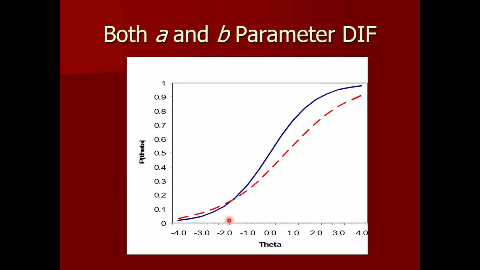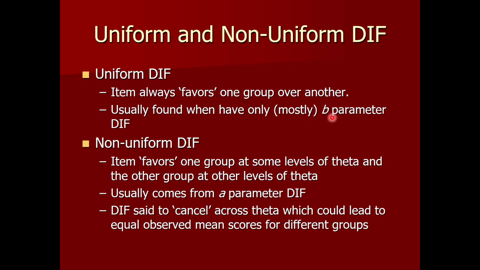And in this one, it's technically a non-uniform DIF, I suppose, but these are pretty similar. So you could have differences in A parameters and not have what we might call non-uniform DIF. It can be uniform, but generally speaking, if you hear uniform DIF, you should probably think B parameter. And if you hear non-uniform DIF, you almost always have some kind of A parameter difference. At least when we're talking about dichotomous items, there has to be an A parameter difference to get non-uniform DIF.